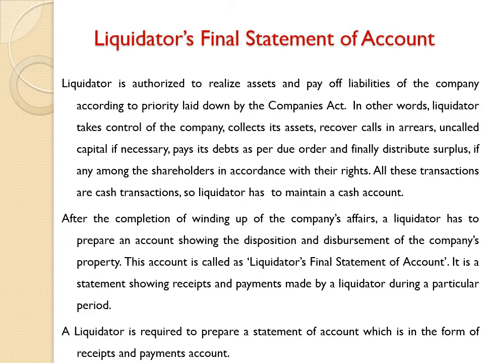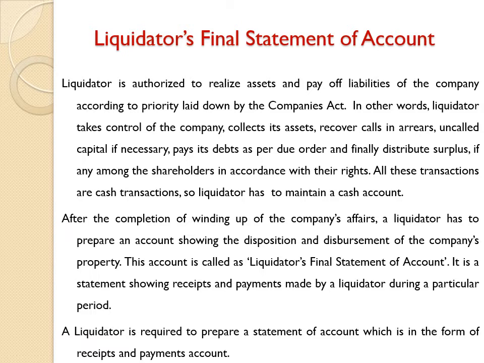After appointment of a liquidator, it is the duty of the liquidator to prepare a statement called the liquidator's final statement of account. This statement is not an account. There are two sides of the statement: one side is the receipt side and another side is the payment side.